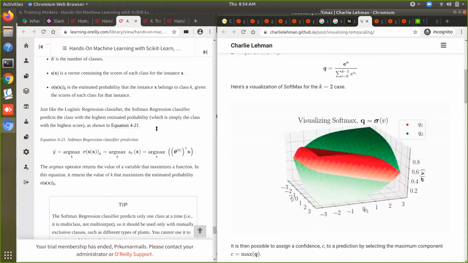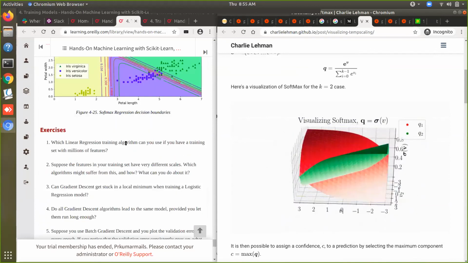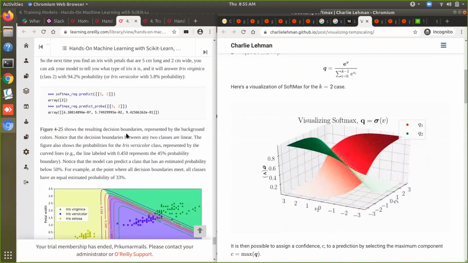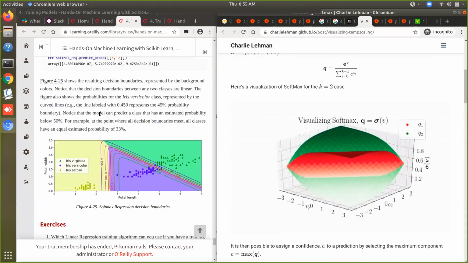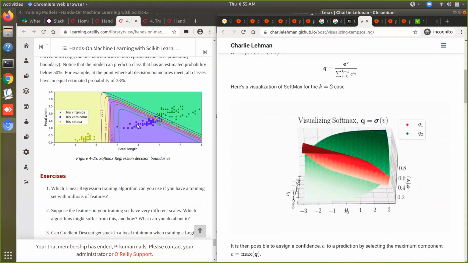One more important thing is that in logistic regression as well as in Softmax regression, our model will throw out some probability values. With those probability values, based on the cutoff, we have to decide which class it is.